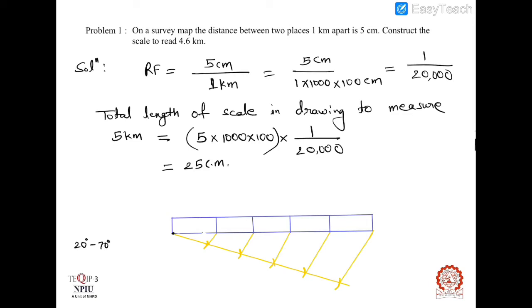So by the definition of plane scale, the first part should be further subdivided into equal number of parts. Here each part is representing 1 kilometer. Let's say this is 0.